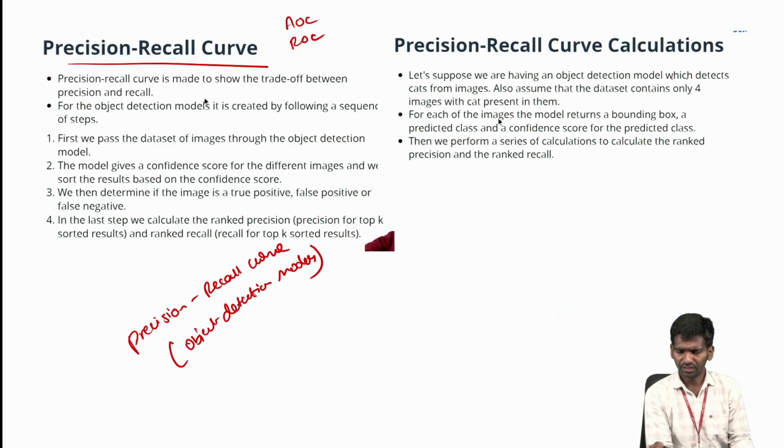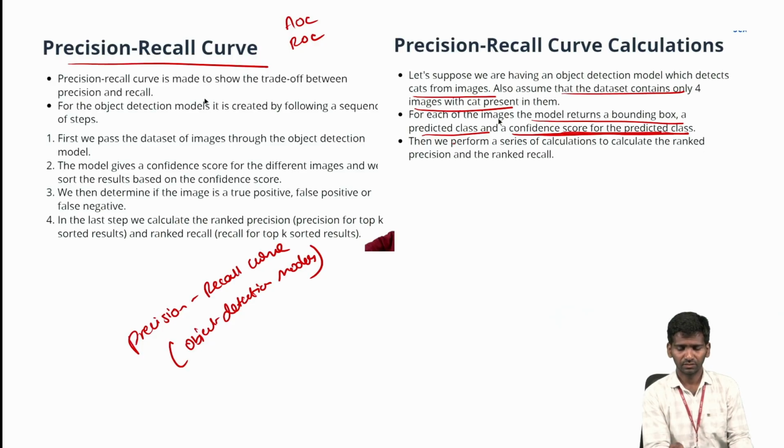Here we have an object detection model that detects cats in images. Let us assume the dataset has only 4 images of cats. For each image, the model outputs a bounding box, a predicted class, and a confidence score for the predicted class.